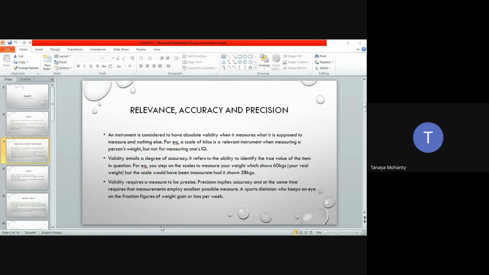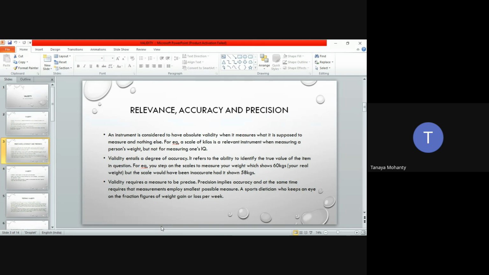And now the third point is precision. Validity requires a measure or an instrument to be extremely precise as far as its measurements are concerned. Precision implies accuracy and at the same time requires that measurements employ the smallest possible measure.